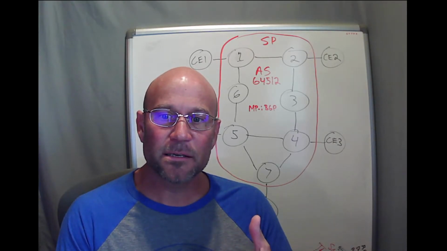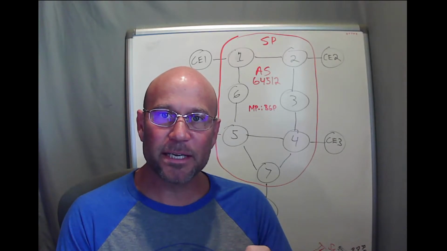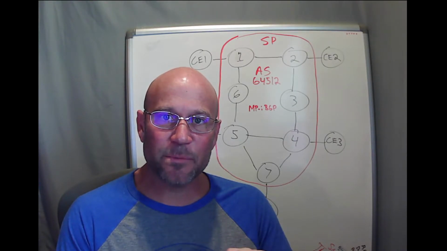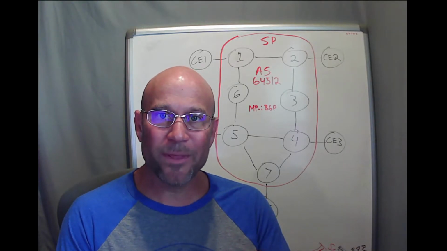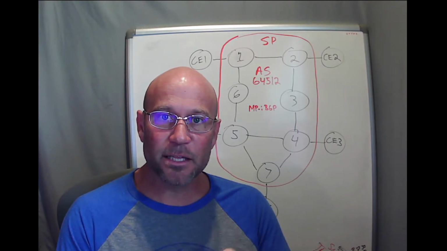This is because this is a loop prevention mechanism built into internal BGP so that when an iBGP speaker receives a route update from a neighbor, it does not ever forward that to another iBGP neighbor. This prevents loops.